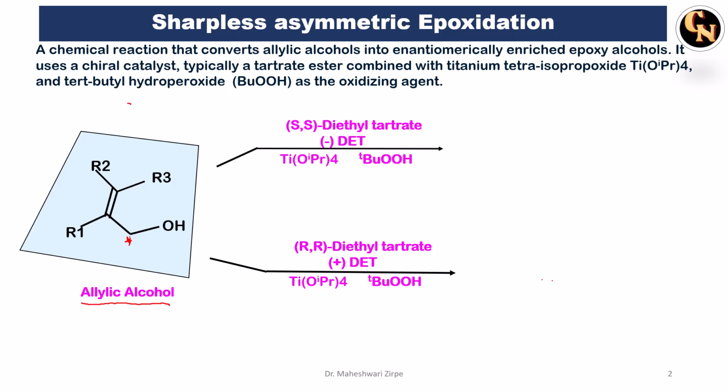Okay, there are two terms you should know: one is known as si face and the other is known as re face. Si face indicates left turning arrangement, and re face indicates right turning arrangement.